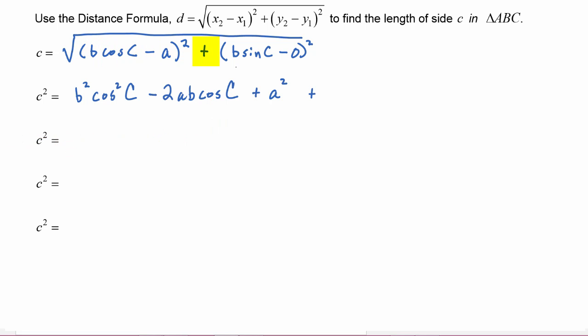Plus, here we're subtracting 0, so all we have to do is square b sine C, so we get b squared sine squared C.